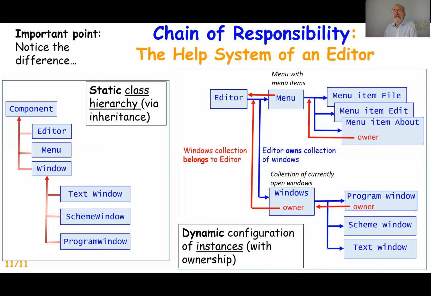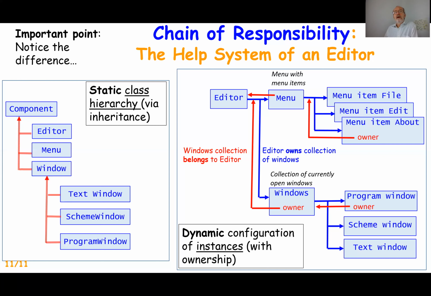And look at the red lines. Red lines reflect membership. Each menu item belongs to menu. Each window belongs to Windows collection or list of windows. Each Windows collection belongs to editor. So this is the dynamic configuration.